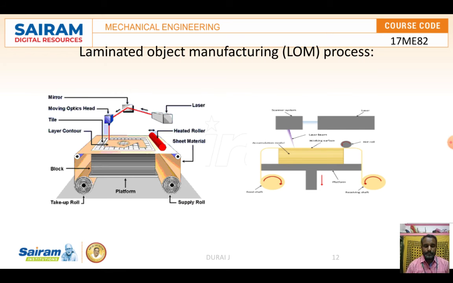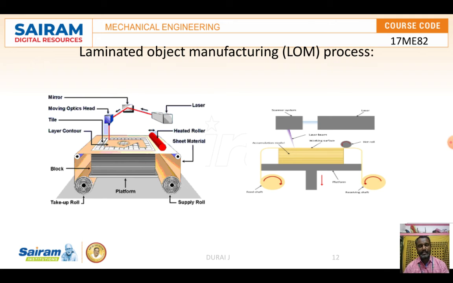Here the feeder mechanism advances the sheet over the build platform, where the base is made of paper and double-sided tape. The heated roller applies pressure to bond the paper to the base. The CO2 laser traces the outline of the CAD data fed into the computer.